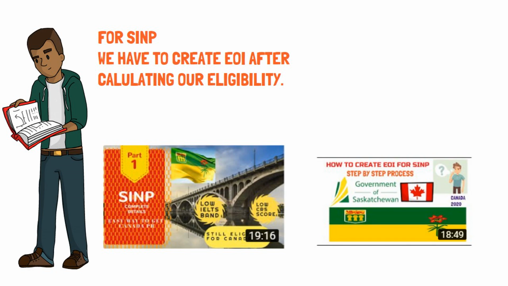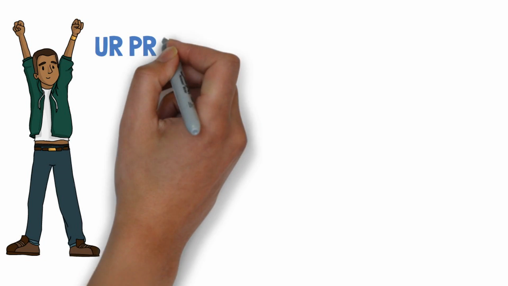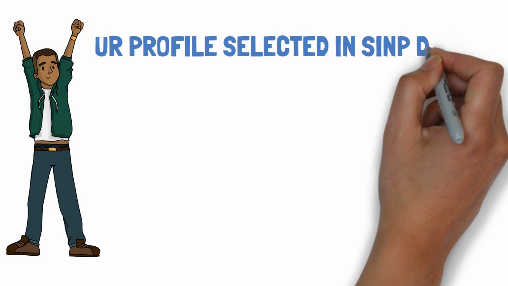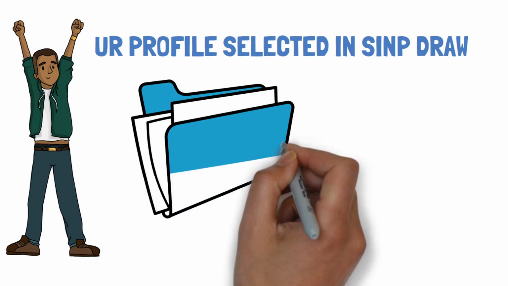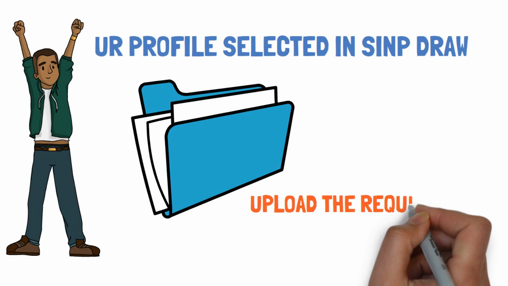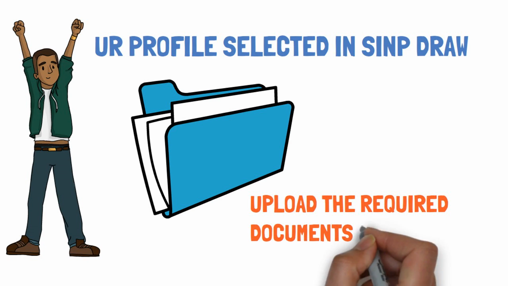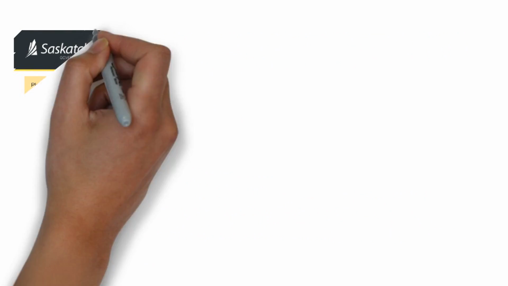Now, after skipping these two processes, we have got the ITA, meaning invitation to apply, after your profile is selected in the SINP draw. After that you have to upload the documents on the SINP portal, and how to upload these documents is what we will discuss in this video.